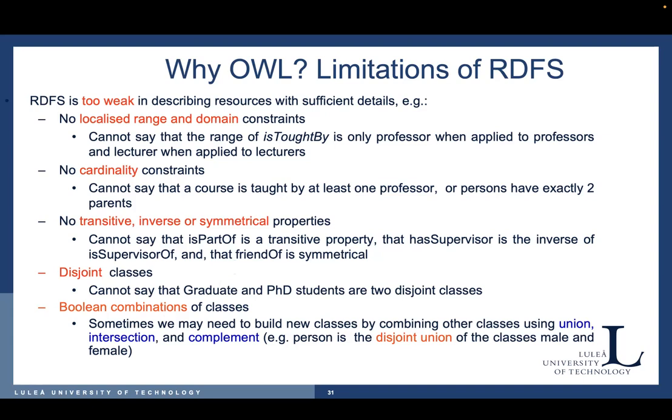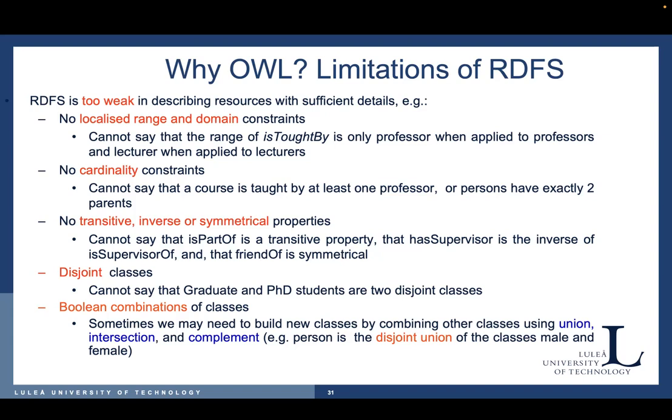For example, a property can be transitive. If a nut is a part of a wheel, or a tire is a part of a wheel, and a wheel is a part of a car, then the tire is part of a car, obviously. That's transitivity.